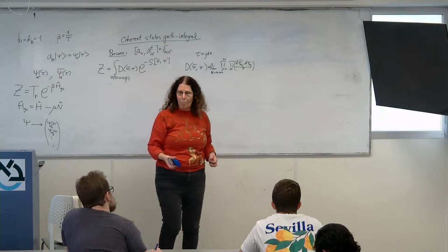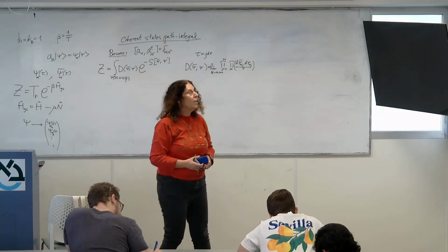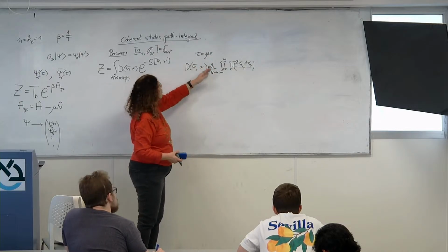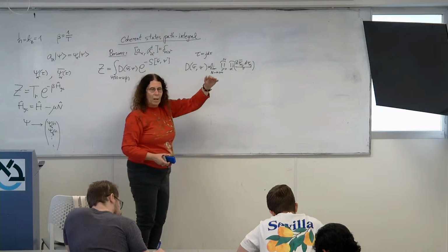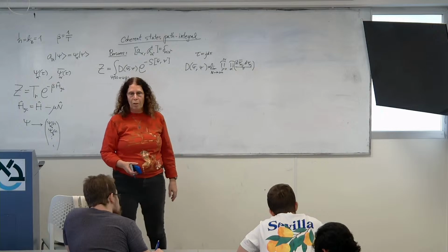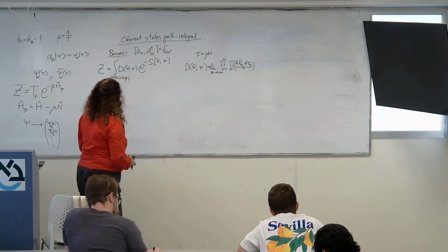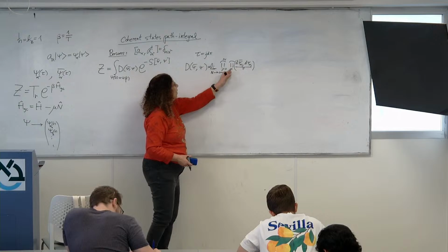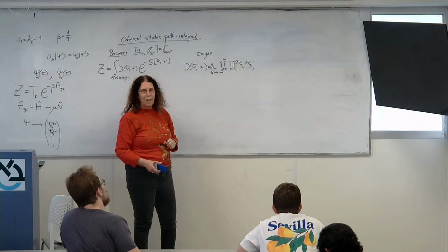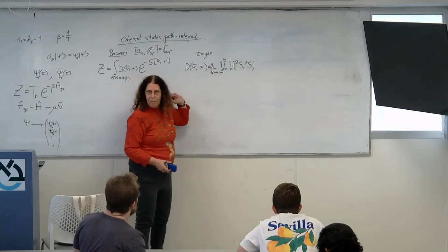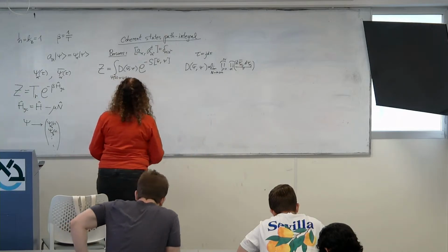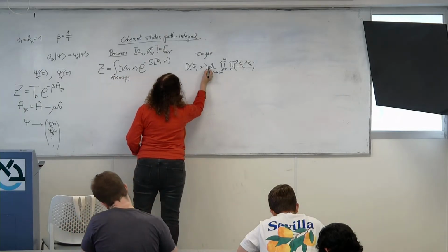However, if we take the number of steps to infinity, it's like taking d tau to 0, and then instead of just a discrete index j here, you have a continuous variable. So formally, if you want to define a differential, which is a product of the differentials of the individual components, you have to write it like this. So this is the differential. Now, this is the definition.